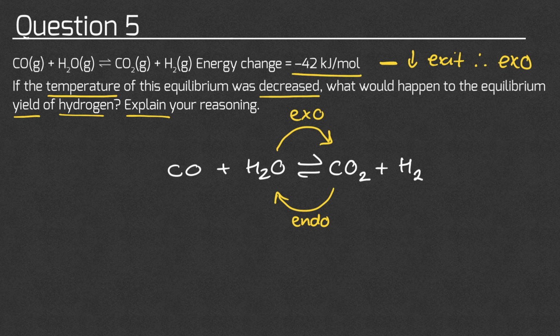And to help us answer this question, we can now add on that exothermic will get hot and endothermic will get cold. Remember, when you're giving your final answer for this, you need to include the reasons why in terms of energy, but this is a good way to check you're doing it correctly. And as a final reminder, we're looking at what would happen if the temperature was decreased and the effect that would have on the yield of hydrogen.